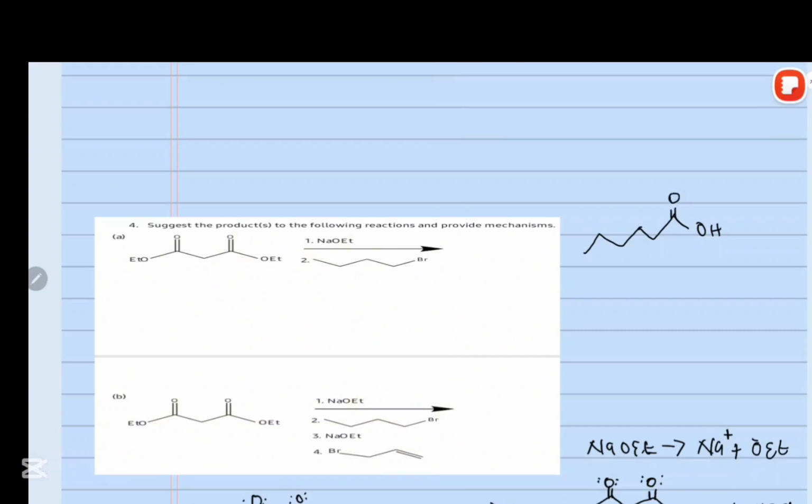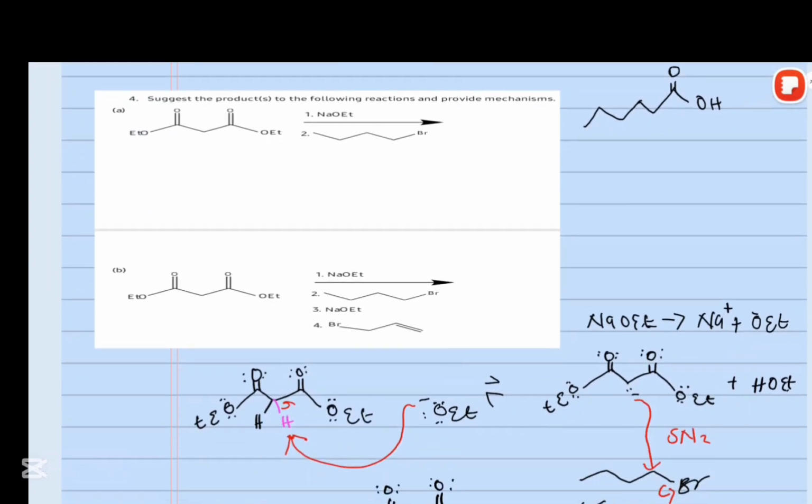This is the product. Now you are going to follow the same steps to answer the second question, but here you are going to add the alkyl halide twice, because this step is repeating itself at 2 and at 4.